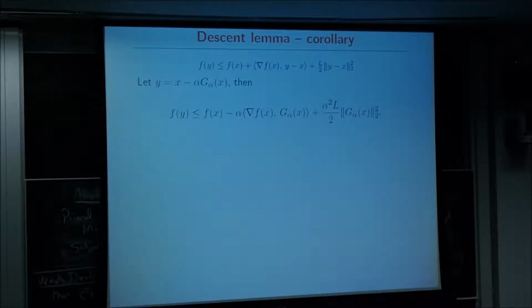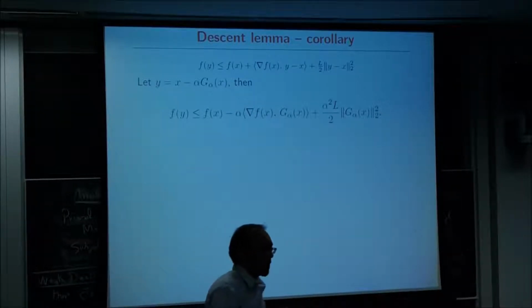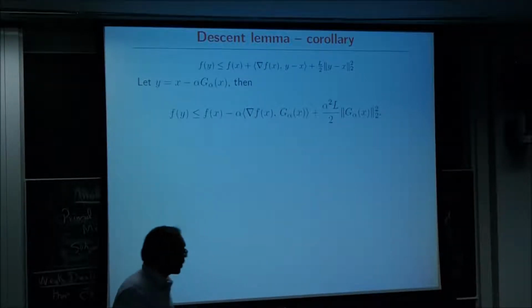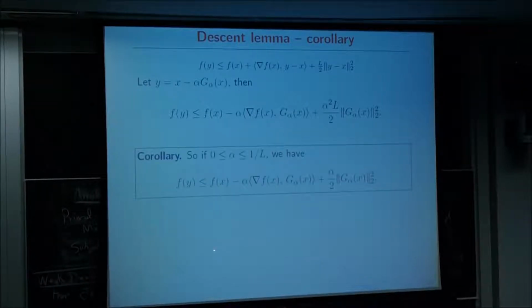So alpha is supposed to be thought of as a step size to tell you how long steps you will take using this pseudo gradient. So if alpha is small enough, say alpha is smaller than 1 by L, then that alpha squared L will sort of cancel out. So you actually get this simple quadratic upper bound. And why is this useful?